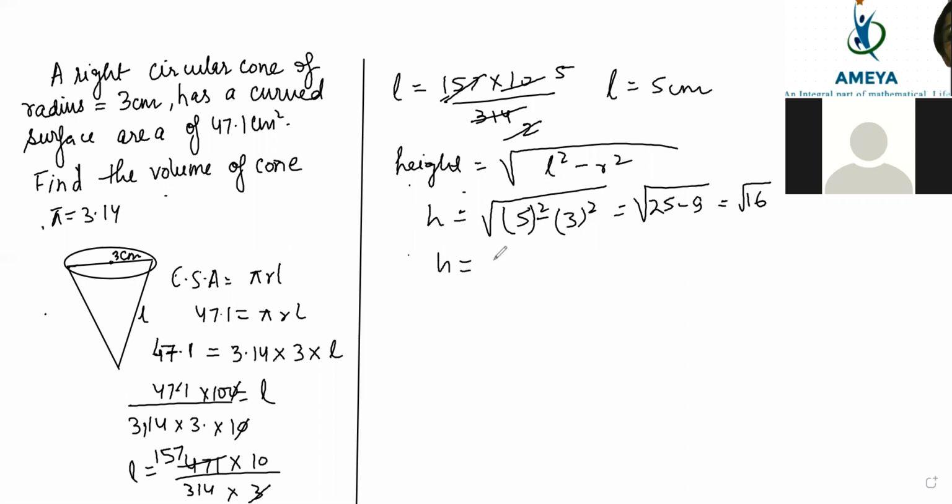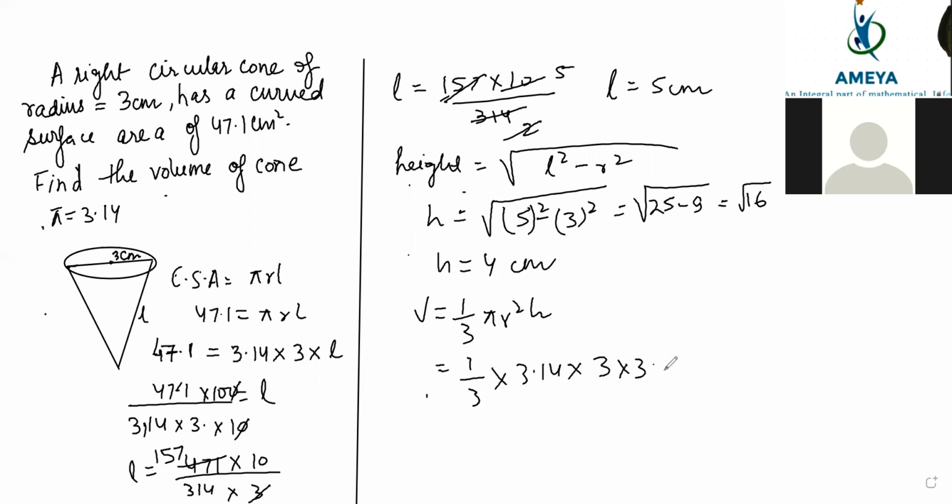So height is coming 4 centimeter. So once we got the height, beta, now we can find the volume. Volume is equal to 1 by 3 pi r square h. So 1 by 3 into 3.14 into 3 into 3 into height is 4.